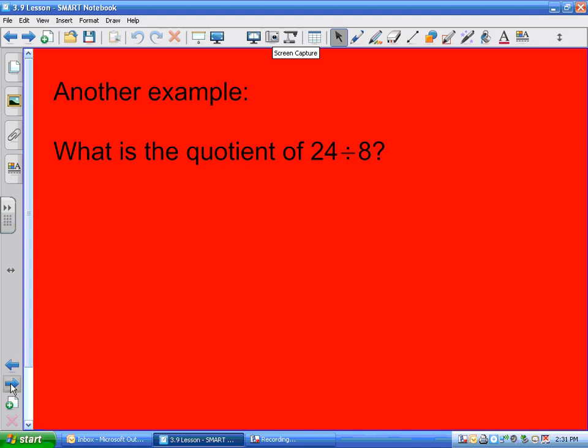Alright, here's another example for you. What is the quotient of 24 divided by 8? Now this might be a new word for you. Have you ever come across this word before? No. Okay. Quotient? What do you think it is there, Tyler? 3. Okay, you're looking at the answer. I'm thinking about the word quotient.